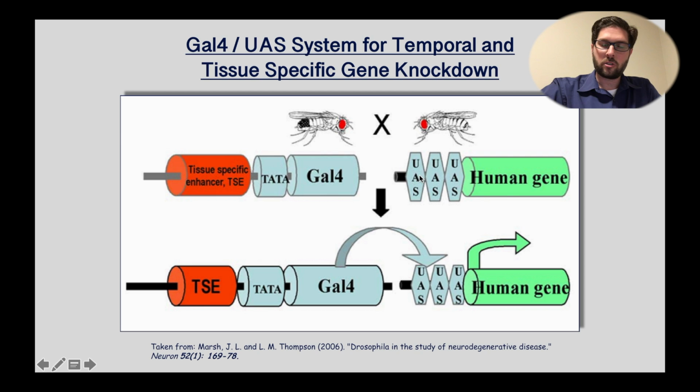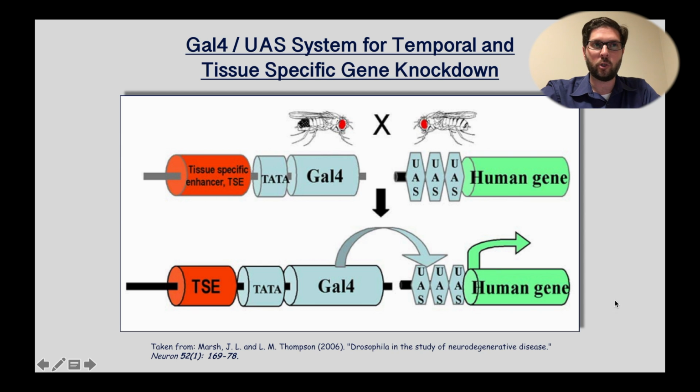GAL4 binds to what's called an upstream activator sequence, or a UAS. This is also a sequence which is not normally found in Drosophila, but rather is put in through a transgenic animal. And then that GAL4, once it binds to this UAS, will turn on the gene downstream of GAL4 binding.